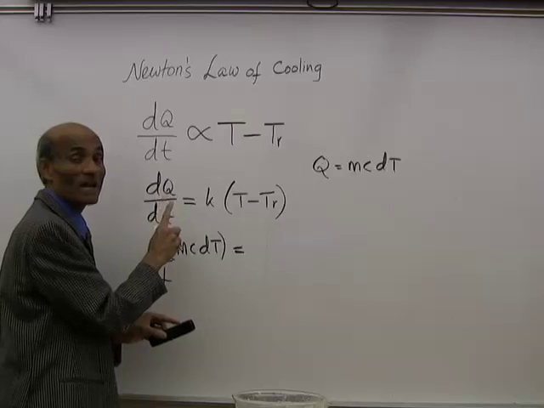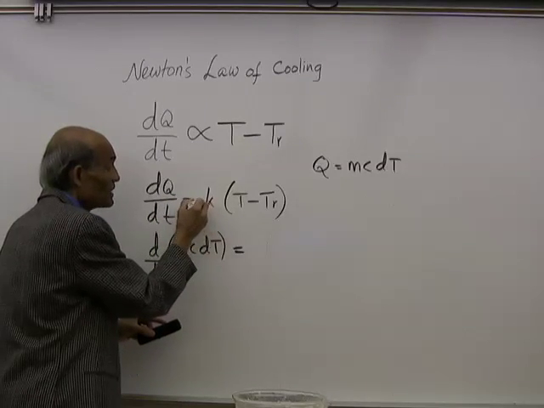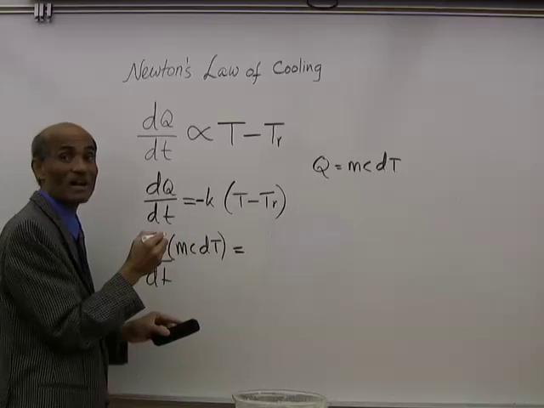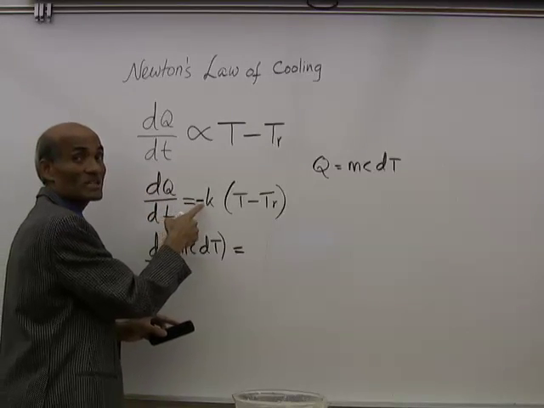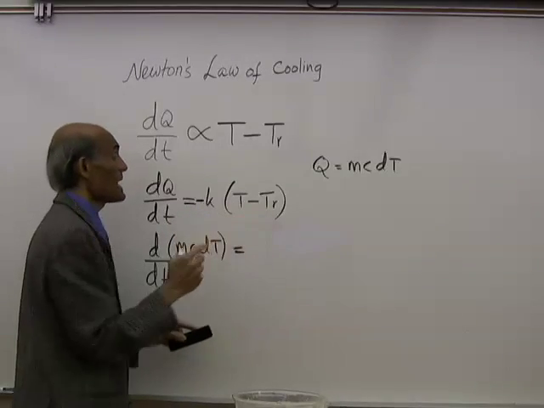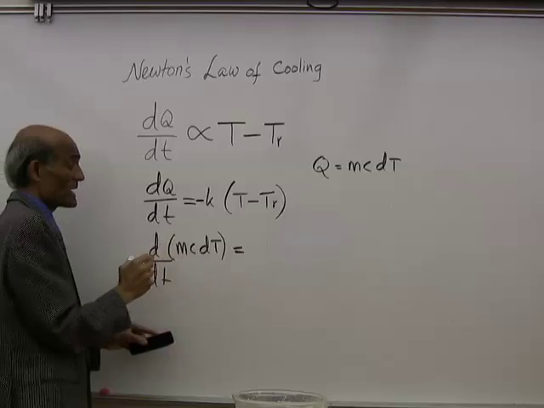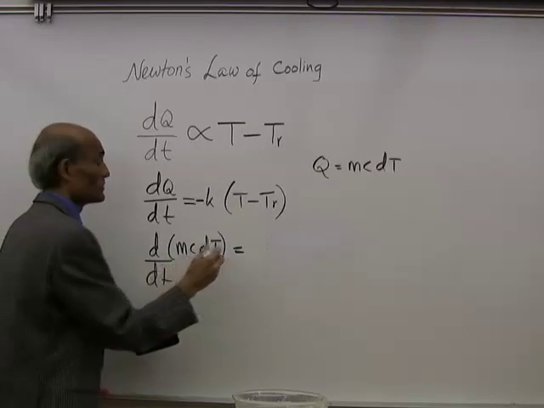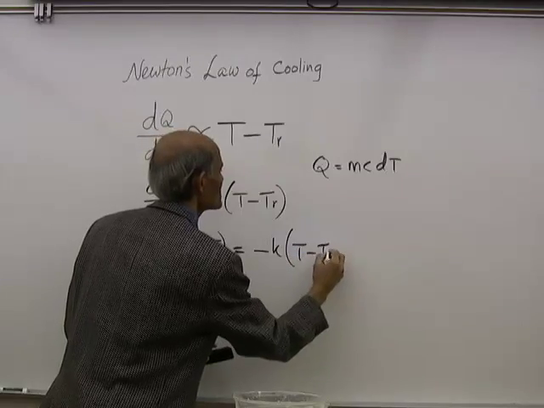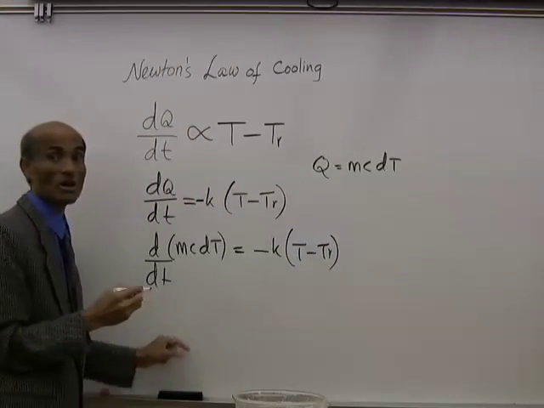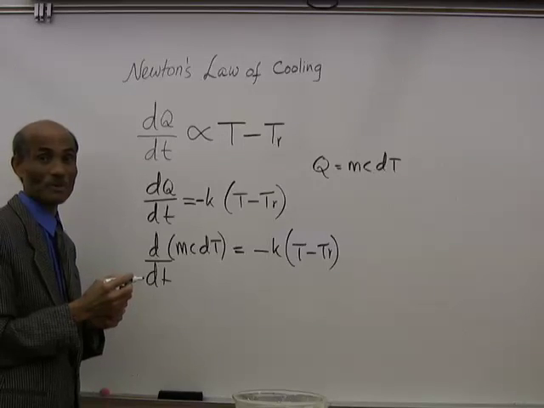If with time increasing, the temperature decreases, that has to be indicated by a negative sign. So dQ by dt equal to negative k (T minus T_R). And I'm going to replace my Q by m c dT. So that will be equal to negative k times (T minus T_R), where T minus T_R is the excess temperature.